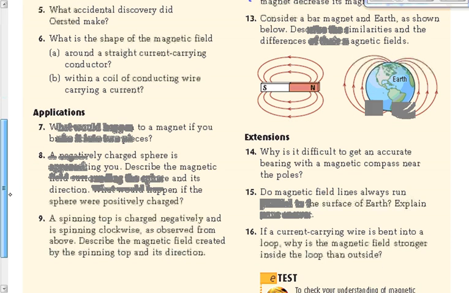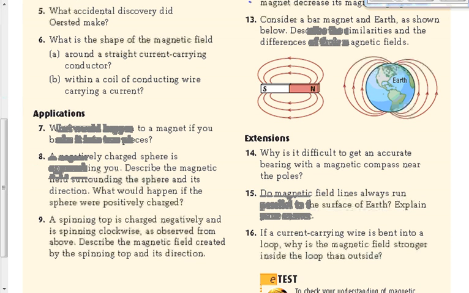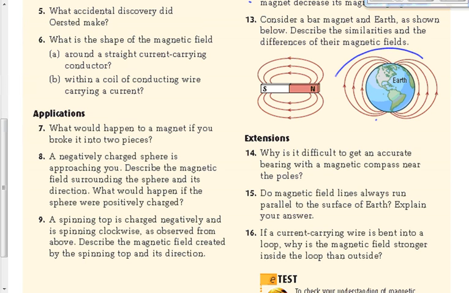Number 15. Do magnetic fields always run parallel to the surface of the Earth? Yes or no? Forget about the explanation right now. No. If we look at a picture of the Earth's magnetic field, some of those lines look pretty much parallel to the Earth right in here, not exactly, but close enough.